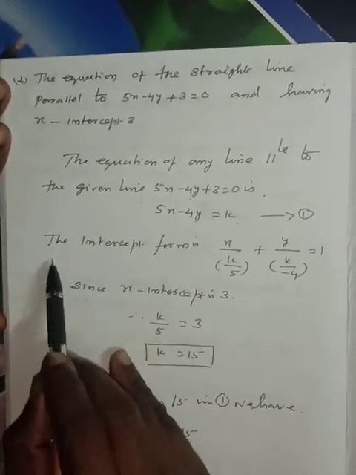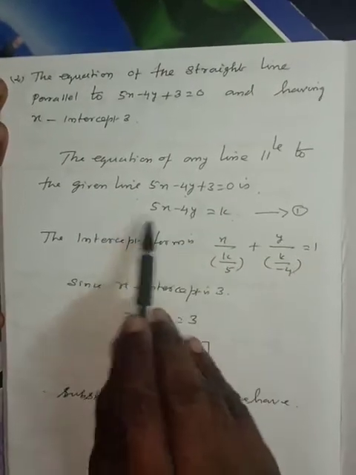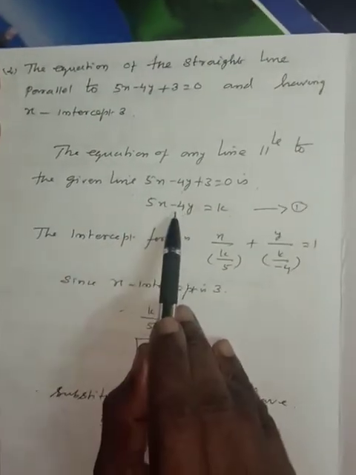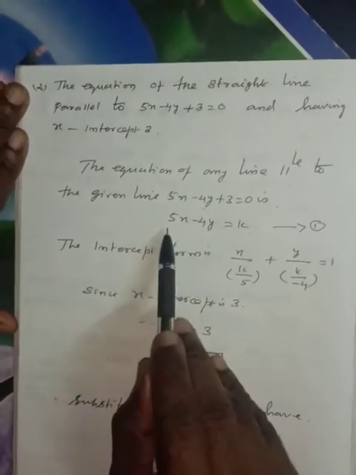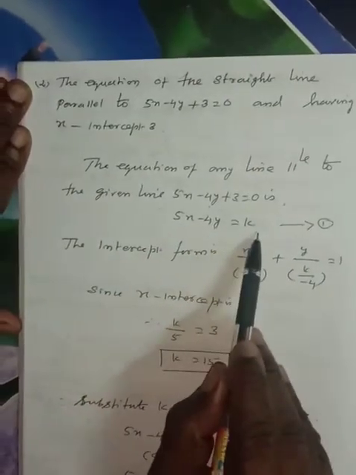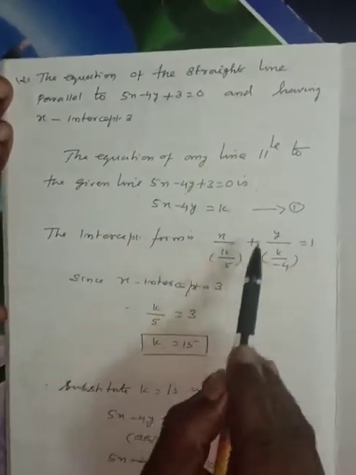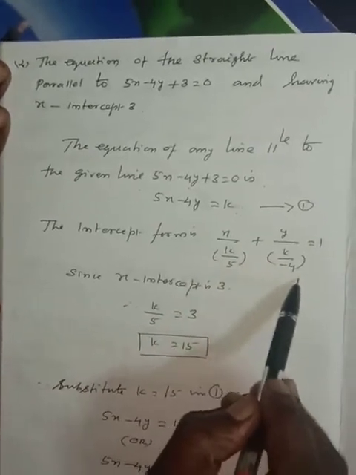The intercept form is x by a plus y by b equals 1. In this case, 5x minus 4y equals k. Divide through by k on both sides. We have (5x minus 4y) divided by k equals 1. This can be written as x divided by k by 5 plus y divided by k by minus 4.